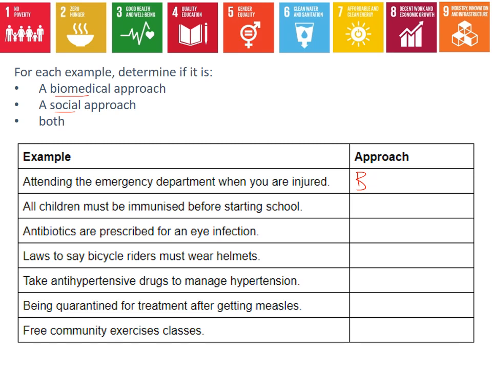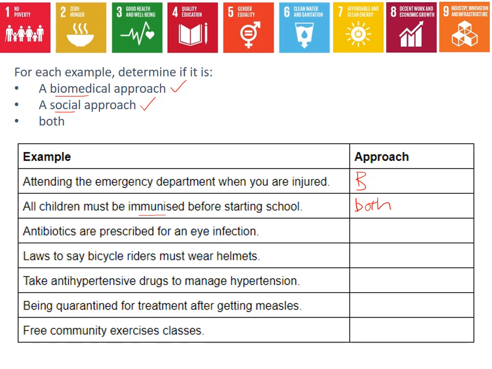All children must be immunised before they start school. You could say this is both. It's definitely social because it's addressing the entire community and it's making sure that people are protected. But if you think about immunisations, they require technology and science to have happened to create them in the first place.